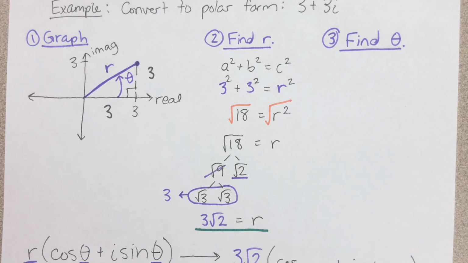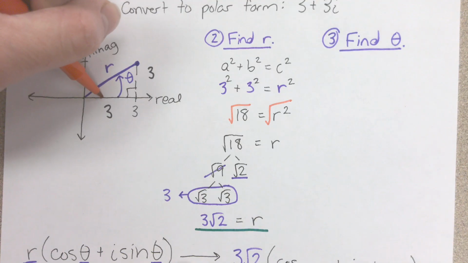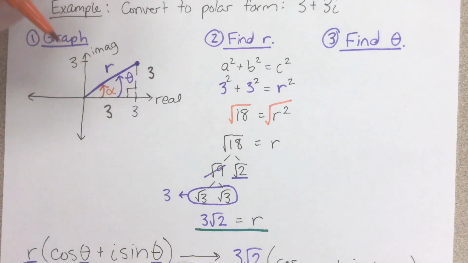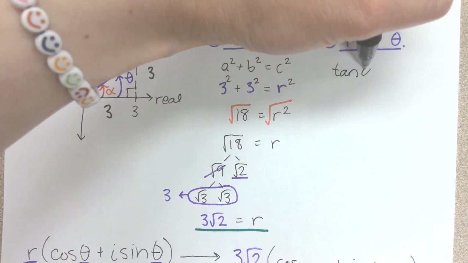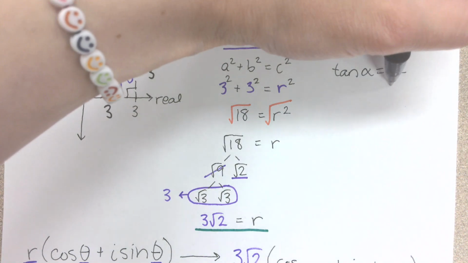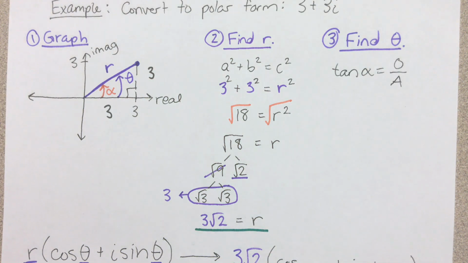Alpha, we draw from the x-axis, the real axis, up to where our angle ends. There's our alpha. And for this problem, you'll notice they're both inside the triangle. They're both in quadrant 1. This is the most convenient way we can have it set up. And then to find alpha, we use tangent of alpha equals O over A. We do this because we always know O and A in these problems.